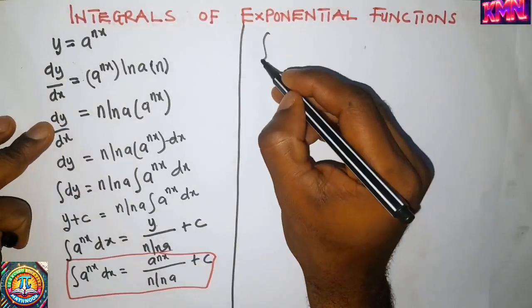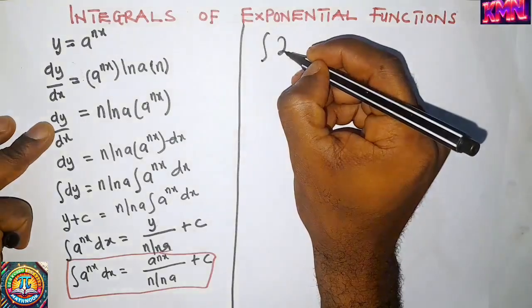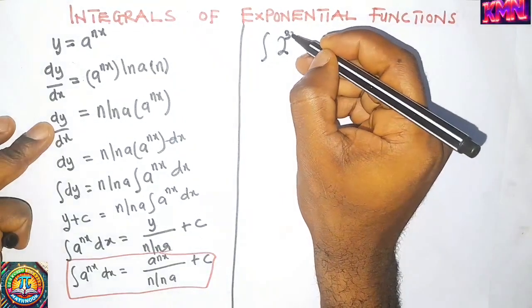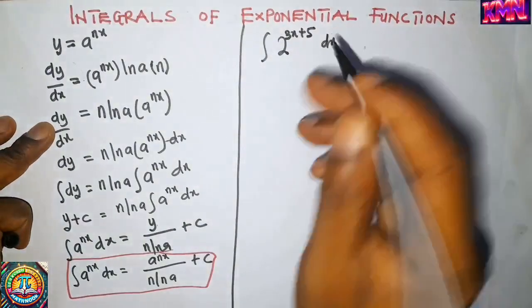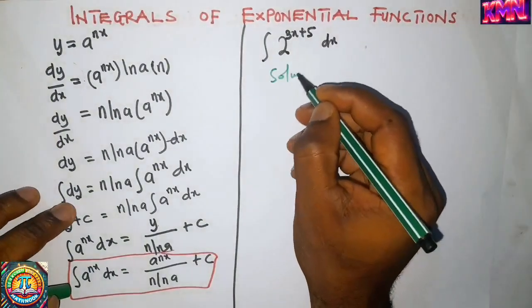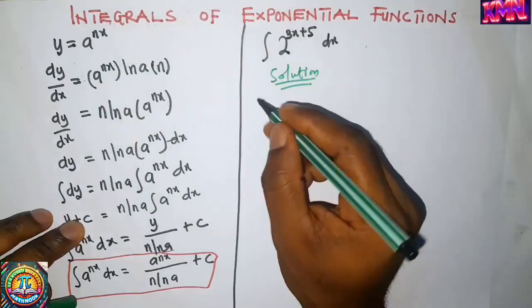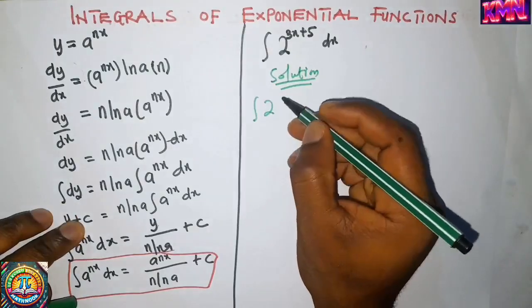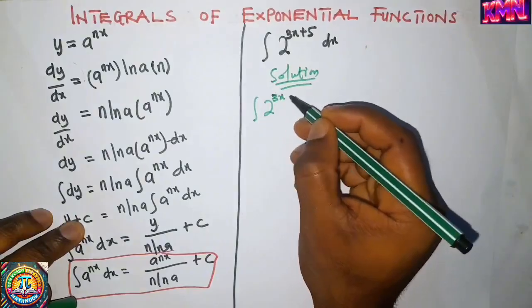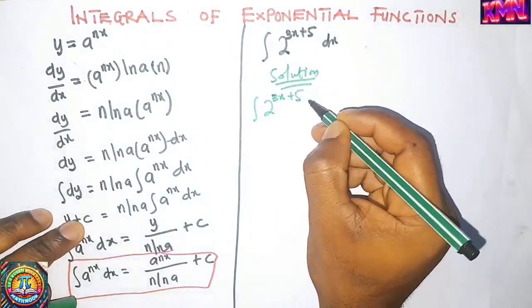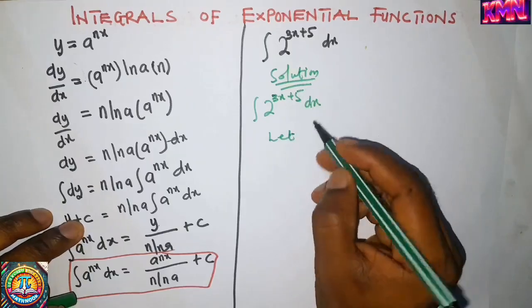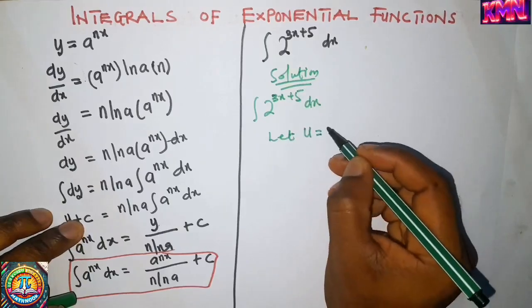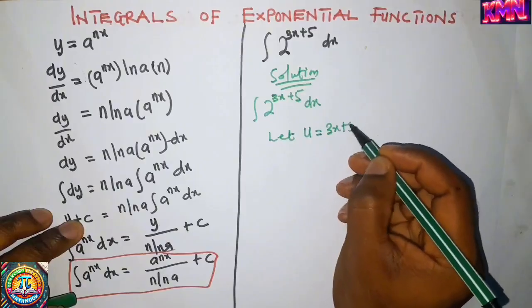Let's evaluate integral of 2^(3x+5) dx. Solution. So integral of 2^(3x+5) dx. Let's represent the power by u equals 3x plus 5.